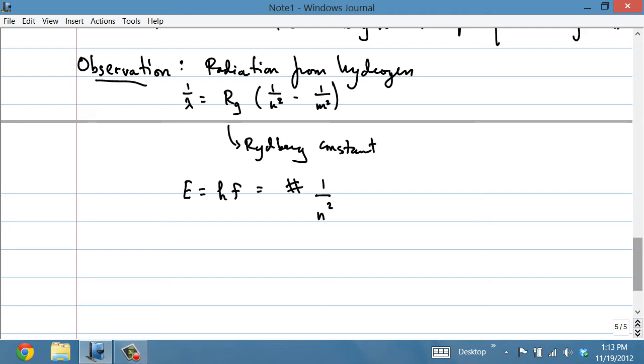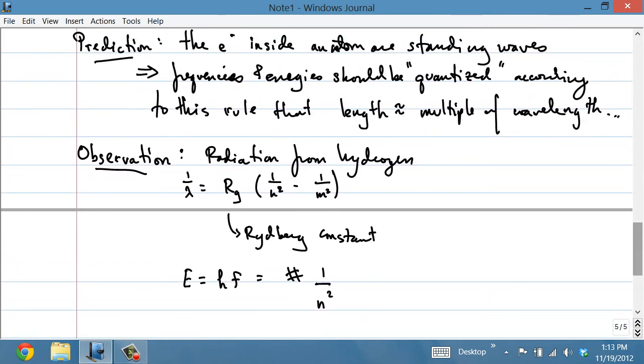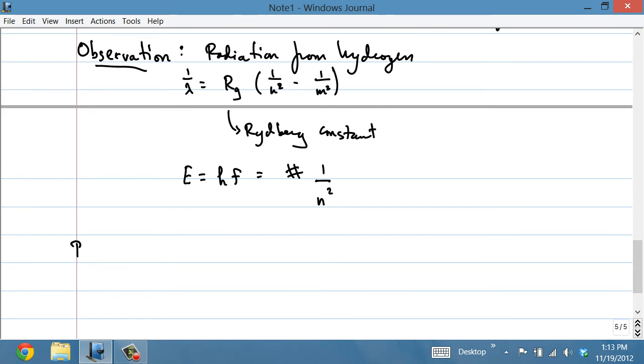So, in order to develop a slightly more quantitative picture of exactly how this discretization of the energy levels of an atom occurs, I'd like to introduce a very simple model for how this works due to Bohr.